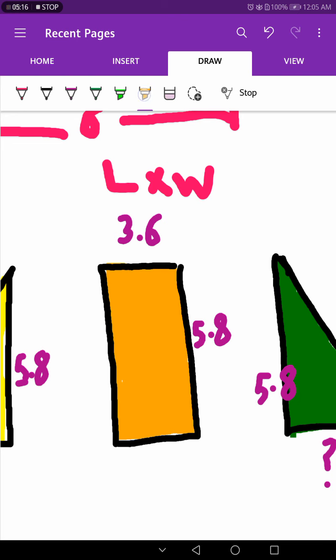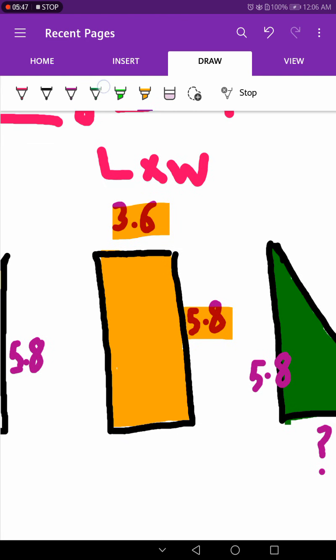So teacher, we have the length and we have the width, so what's the problem? There is no problem, just multiply them, you get the area. So if I multiply 3.6 by 5.8, which equals 20.88 square units.